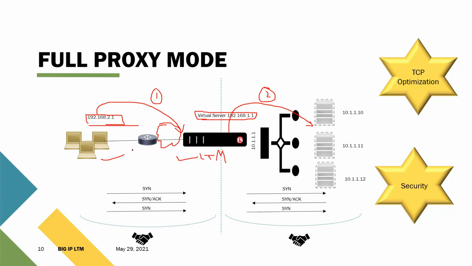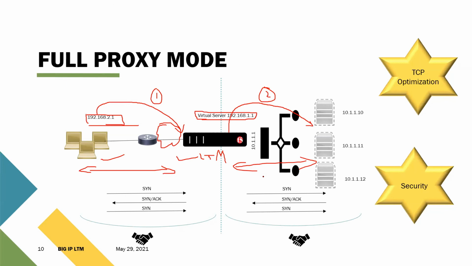So the connection performance of this link may not be as good as this side of the link, because the user, suppose he's coming from the internet, is using an internet link tied down to a specific bandwidth.